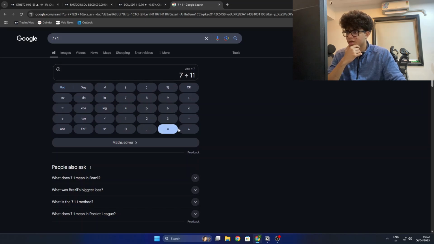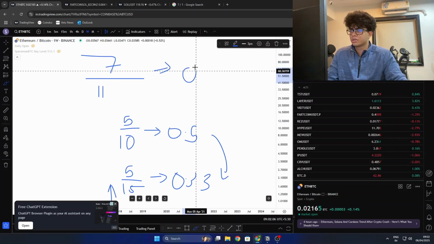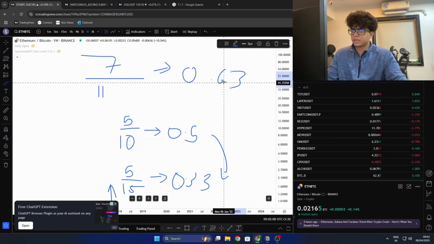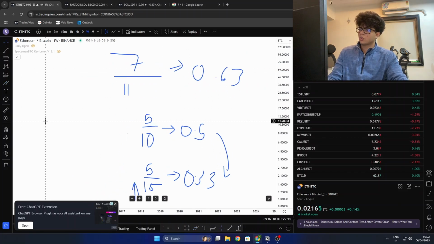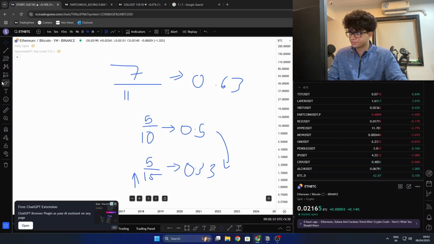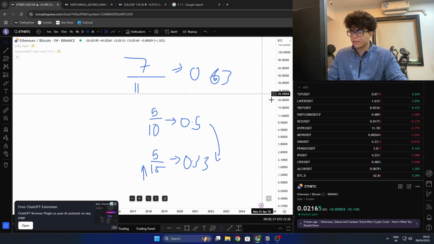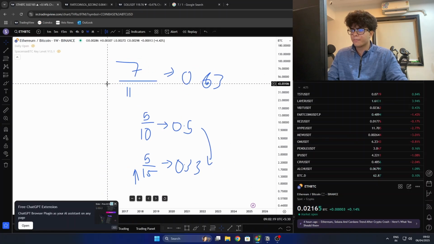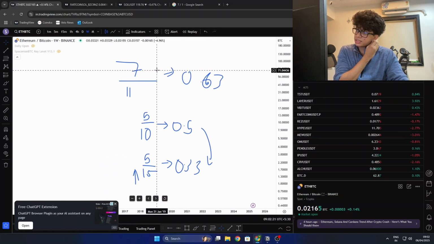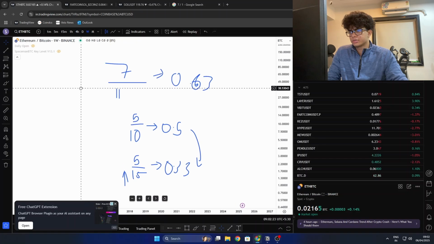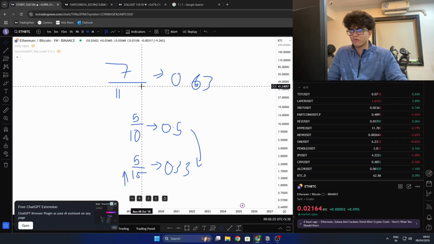7 divided by 11, so 0.63. Right? So what does this mean? This basically means that the value goes up if the numerator increases more than the denominator, in percentage terms, obviously.